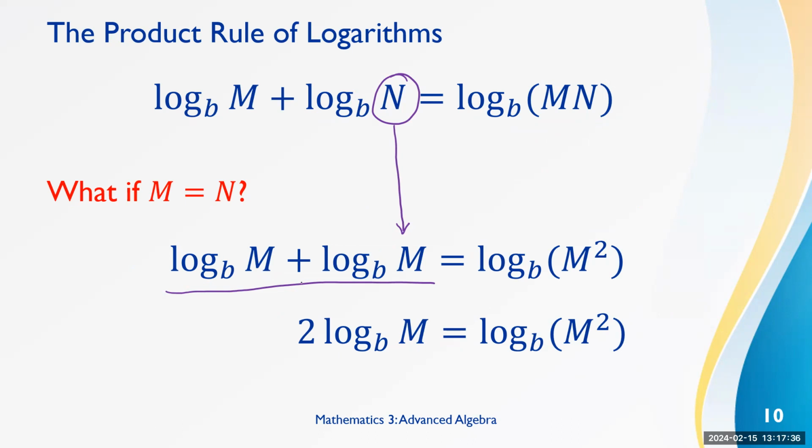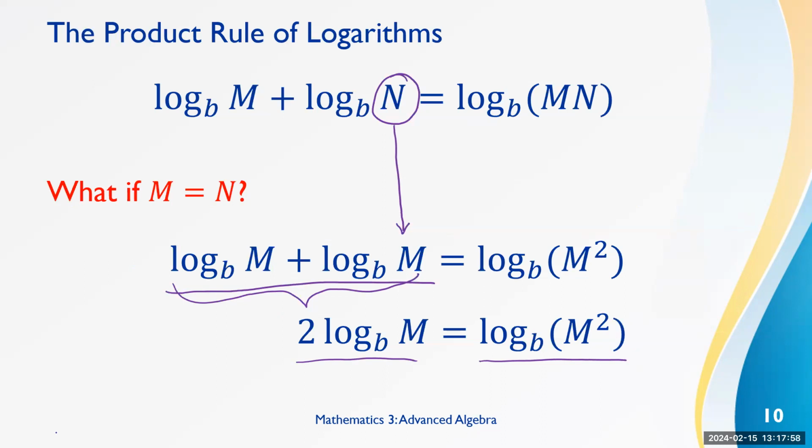However, one way to simplify this is by having this one. So dalawang log base b of m becomes 2 log base b of m. Okay? So these two terms are equal. So anong nangyari kaya?